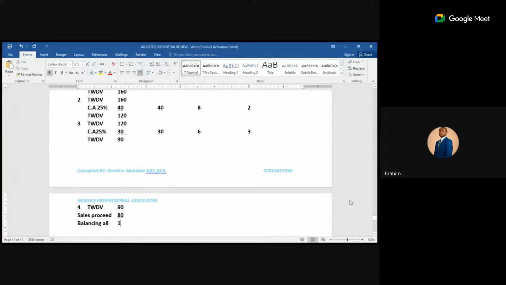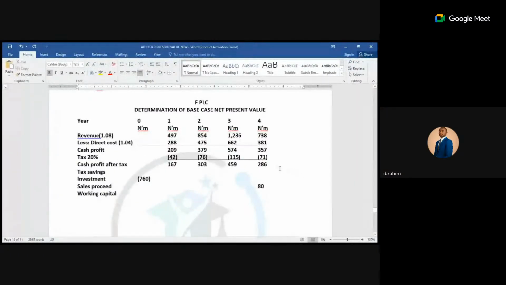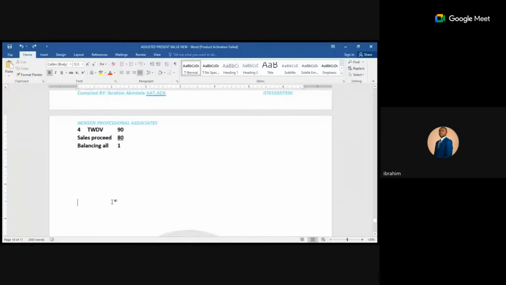When you have balancing charge, it becomes your inflow. You have to charge tax. Let's assume you have a balancing charge of 80 naira, then you pay tax at 20%.